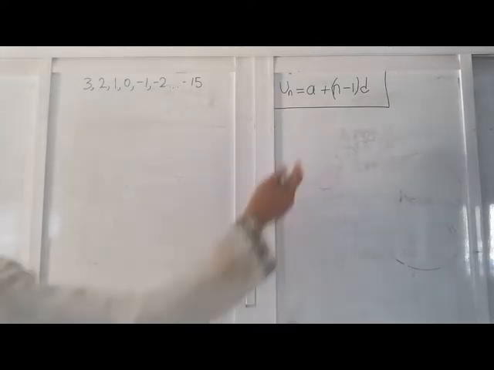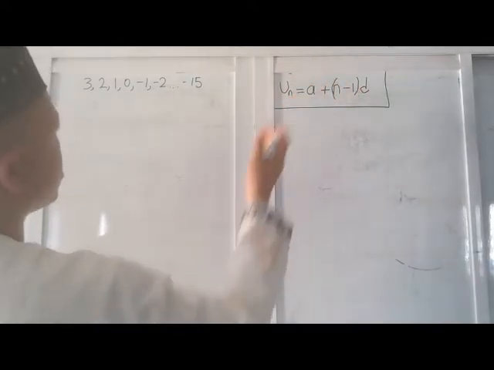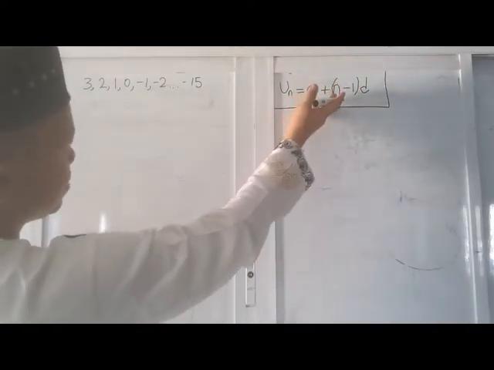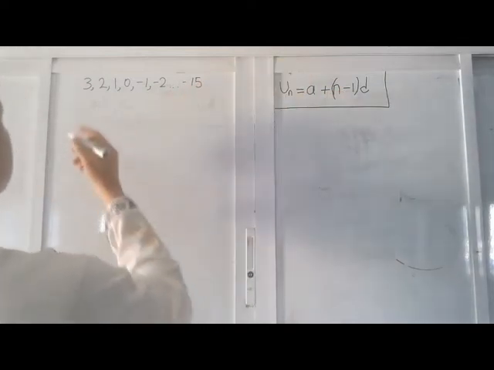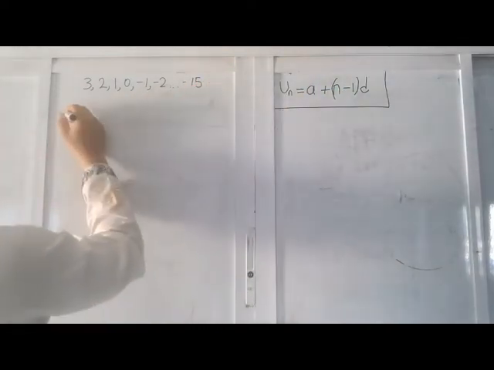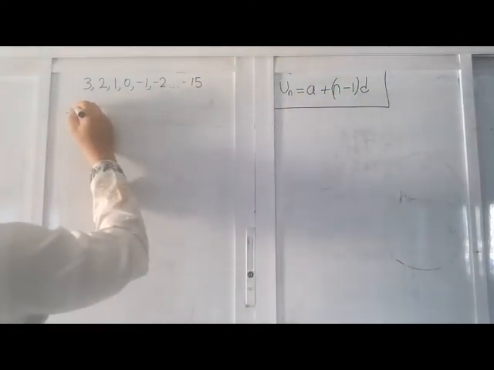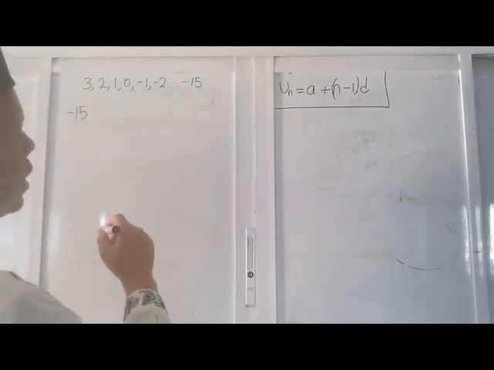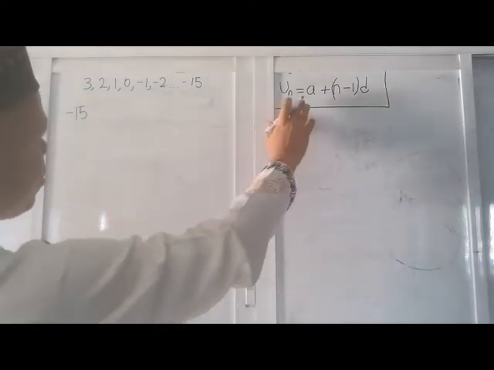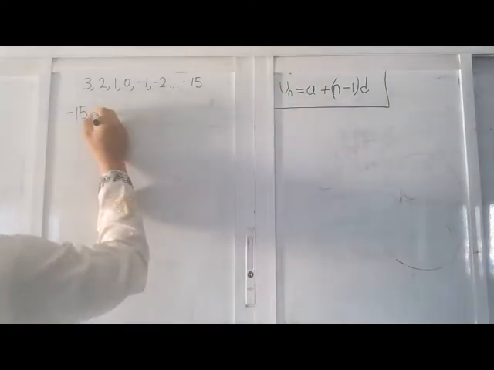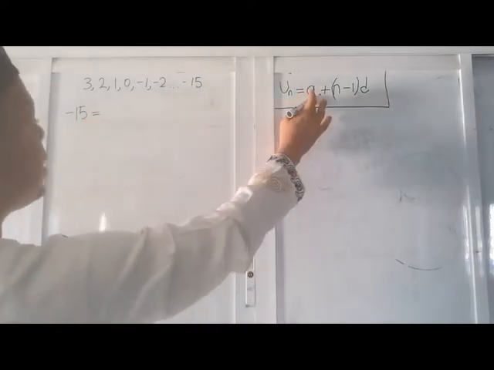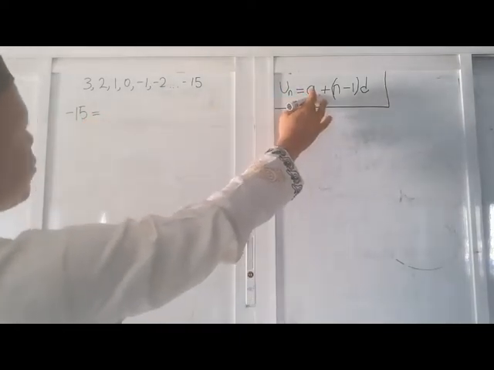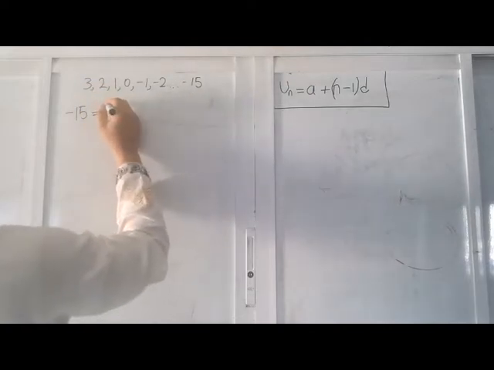Now, coming to this question, let's take the minus 15 as the actual term we are looking for, and we have our equality sign. We take our A, which is the first term, and our first term is 3.